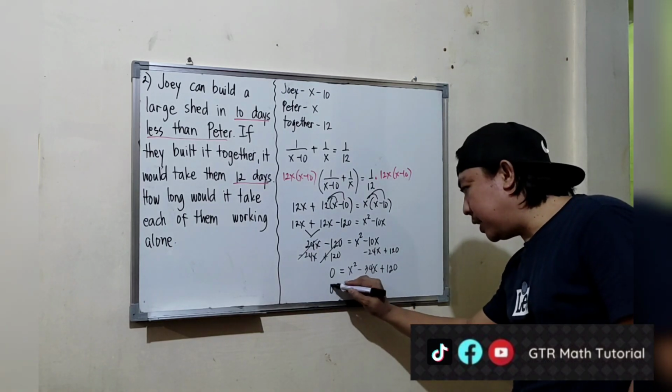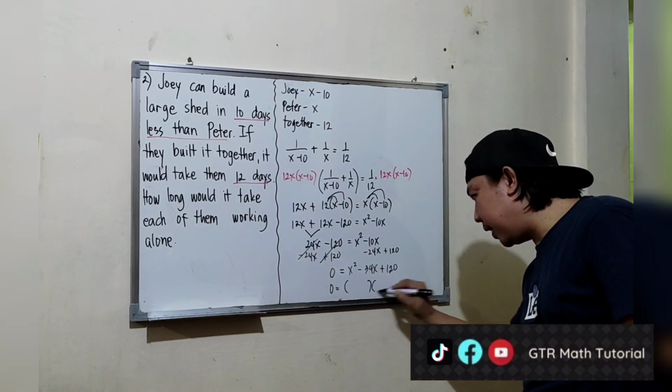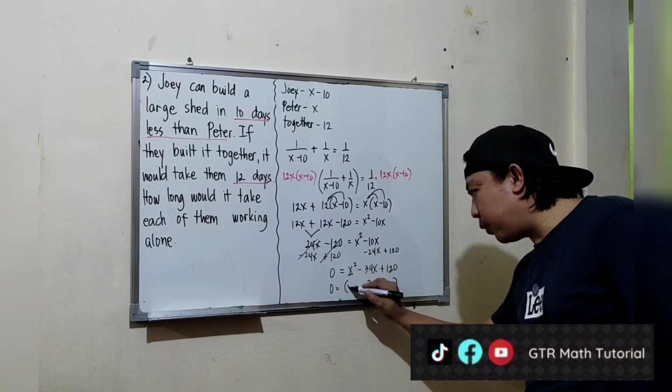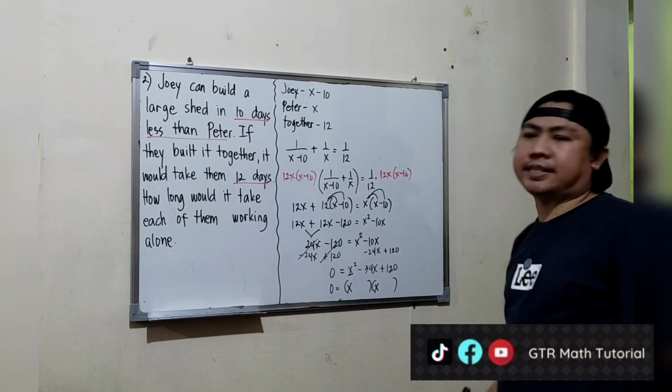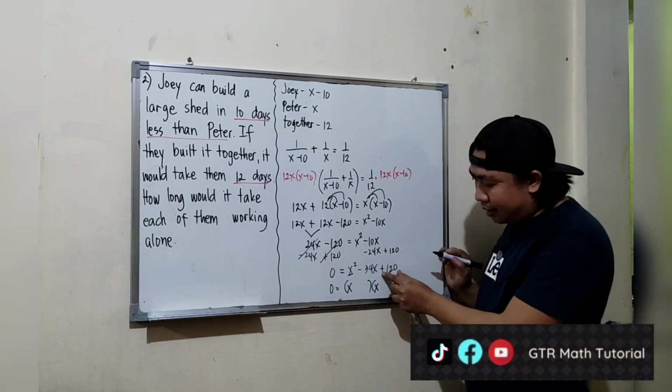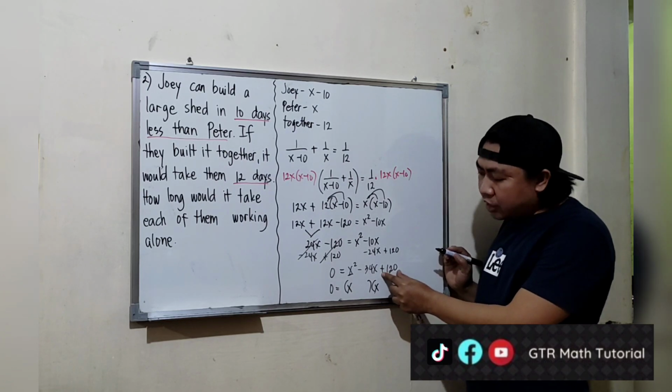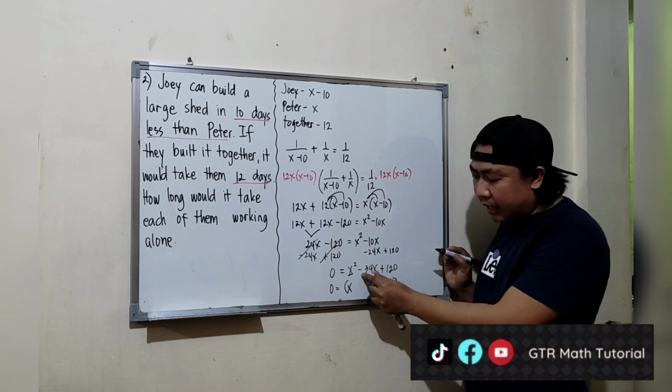So we have 0 equals, and the factor is a trinomial. The factors of x squared are x and x. Then we need factors of 120 such that the sum is negative 34.